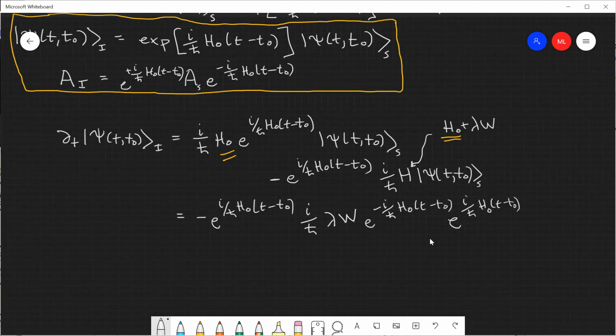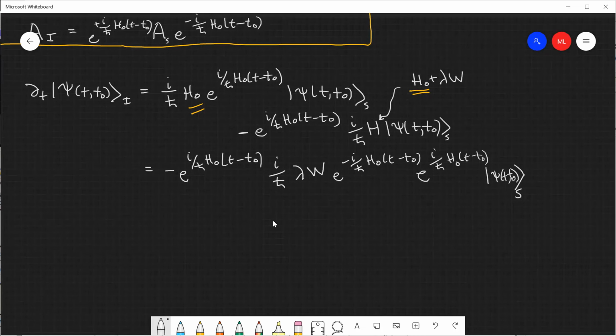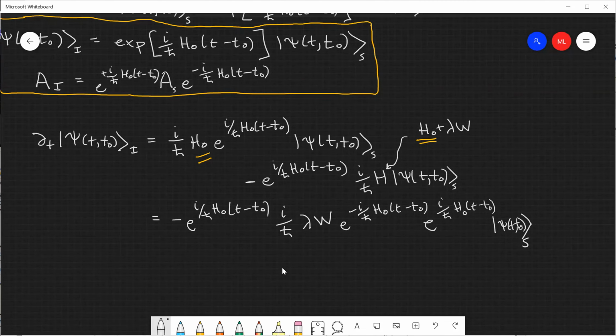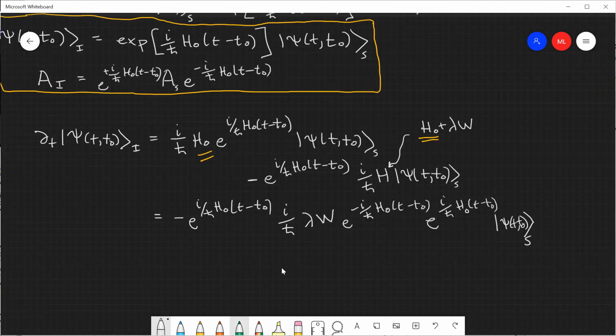And then this guy is just psi t naught in the Schrodinger picture. So this is nice because now we recover the interaction picture stuff. This guy right here, that's just psi t naught in the interaction picture.